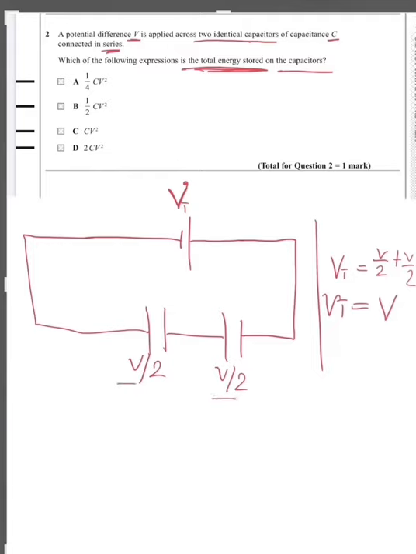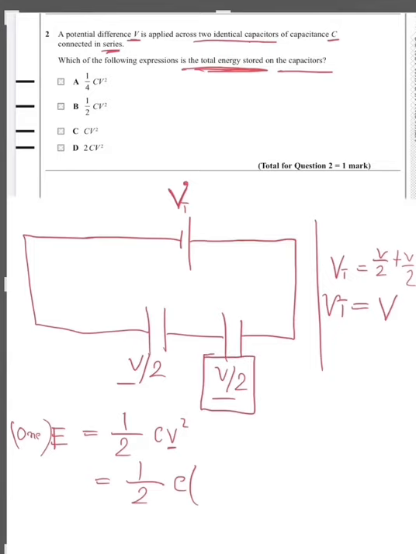We also know that the energy is equal to half CV squared. So let's calculate the energy of one capacitor. One capacitor is half CV squared, where V is actually V by 2 for each. So for the energy stored in this capacitor, it would be half C times V by 2 squared, which is 1 by 8 CV squared.